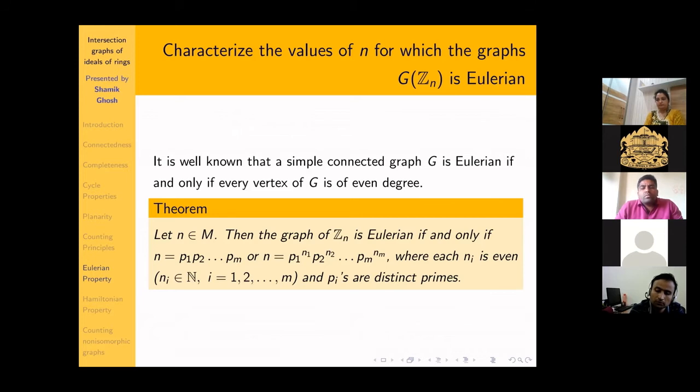Graphs having an Eulerian circuit are called Eulerian, and a connected graph is Eulerian if and only if every vertex is of even degree. In our particular case, the graph of Zn is Eulerian either if n is a product of distinct primes or a product of prime powers where every power is even. These are the only two possible types of Eulerian graphs formed from the graphs of Zn.